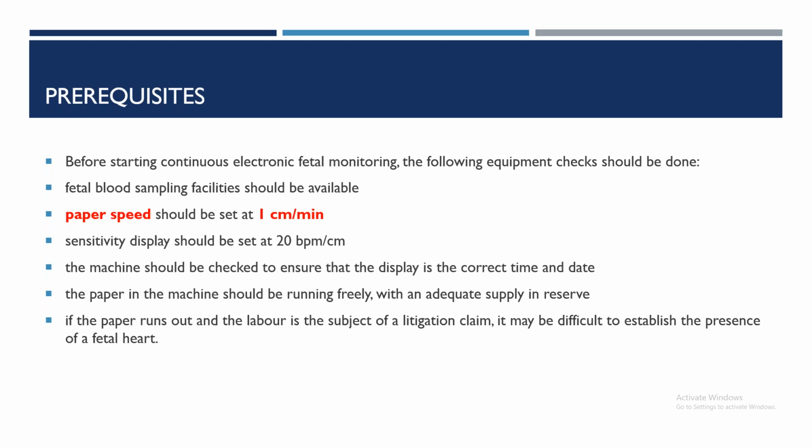Sensitivity display should be 20 beats per minute. You have to check the machine for the time and date. Paper should be freely running and available. So these are the prerequisites while doing any CTG.